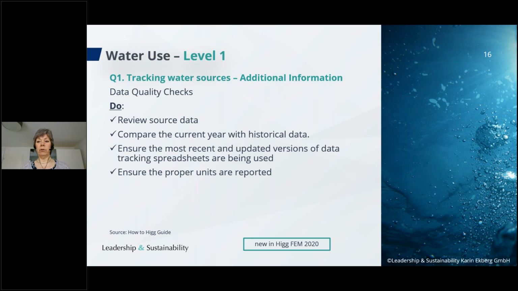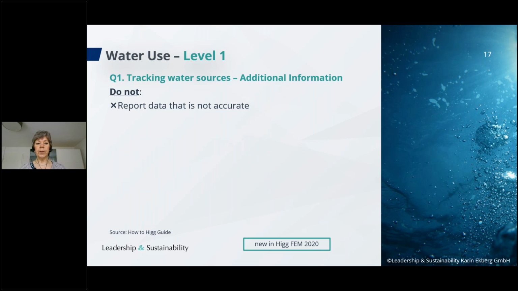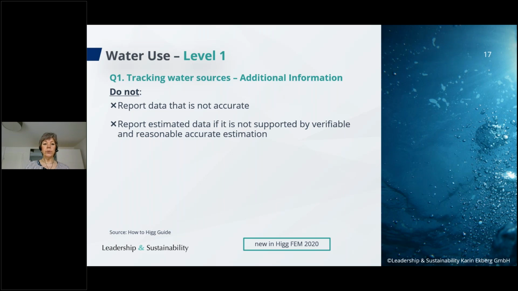Perhaps they make their own data reporting by exporting from your modules, and then of course the data needs to be correct. So that's really important. If you have assumptions, then review any assumptions, and then do not report data that is not accurate. Do not report estimated data if it is not supported by verifiable and reasonably accurate estimation.